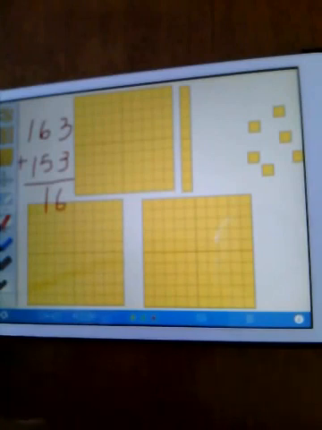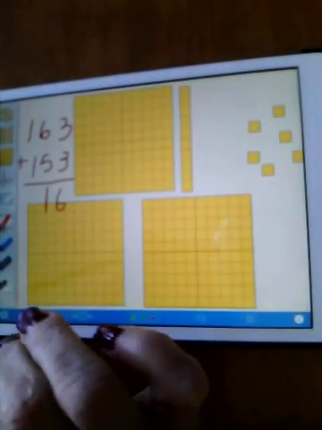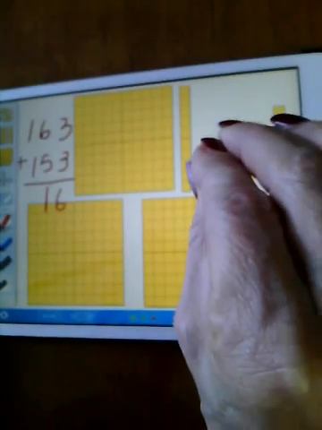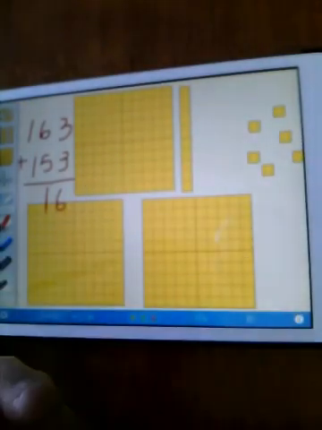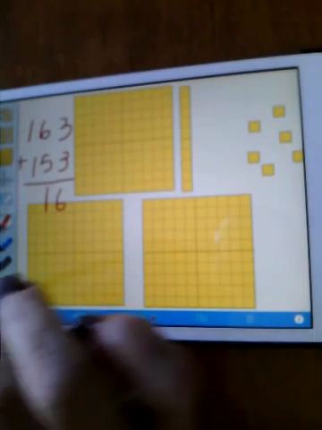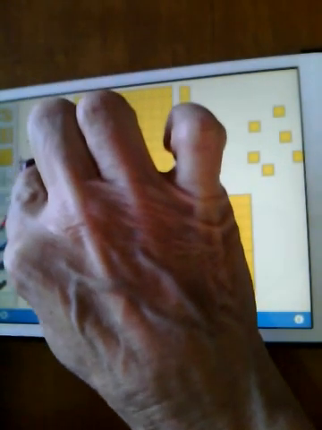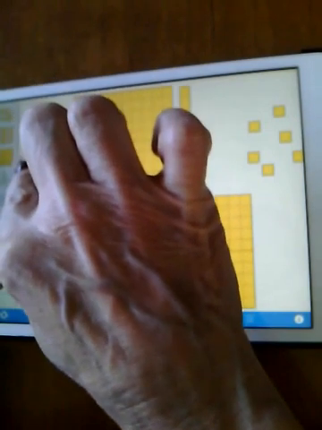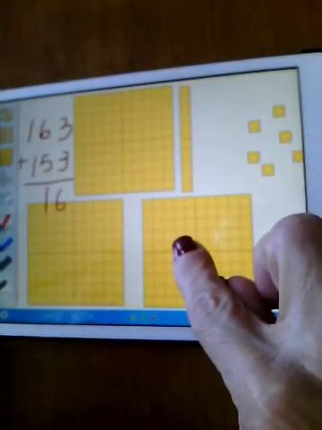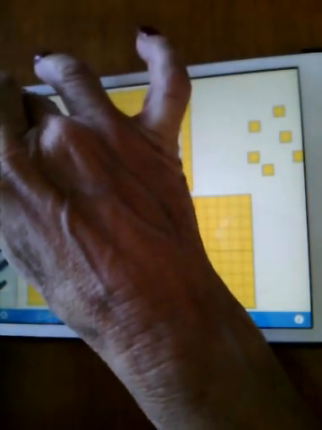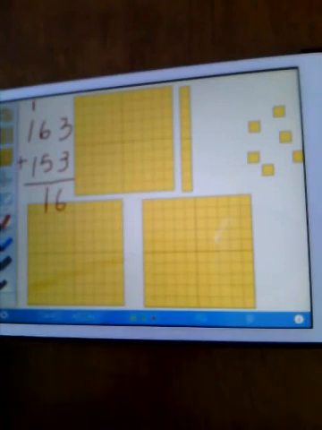Now, when we traded, not only did we lose or trade away 10 10 sticks, we traded them for an extra 100 block. So now we don't just have 2, which it shows in our hundreds place now. We have an extra one, so we have to show that extra 100 block up here by putting a 1 in the hundreds column.